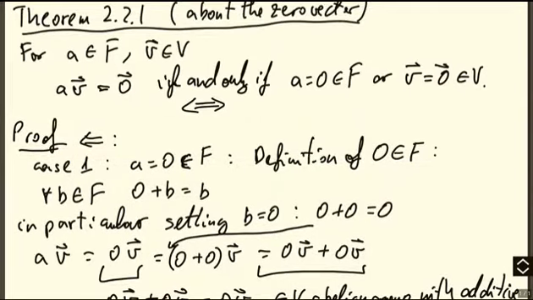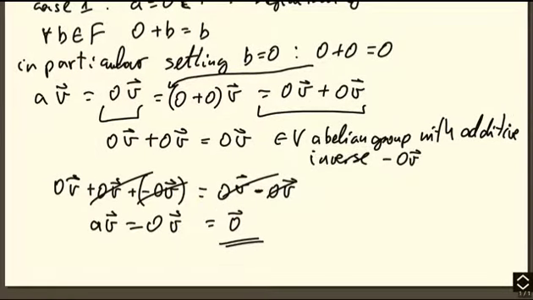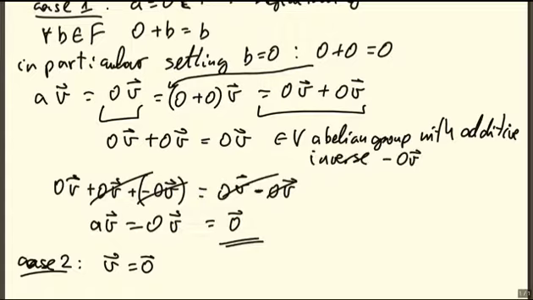The other case is if V is the 0 vector. It's a similar proof.